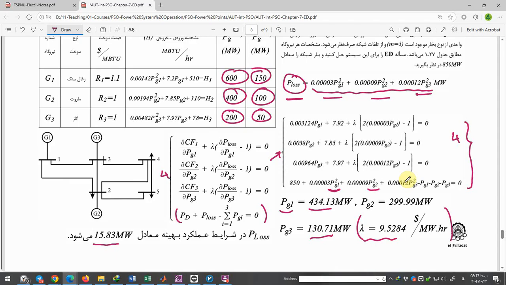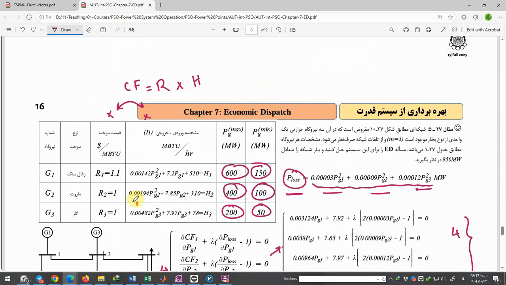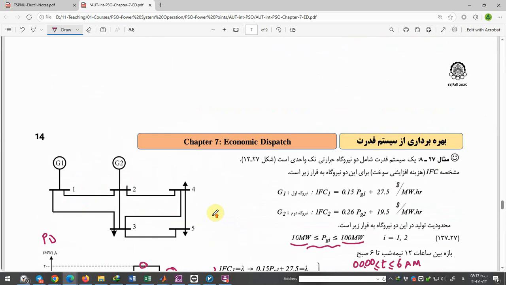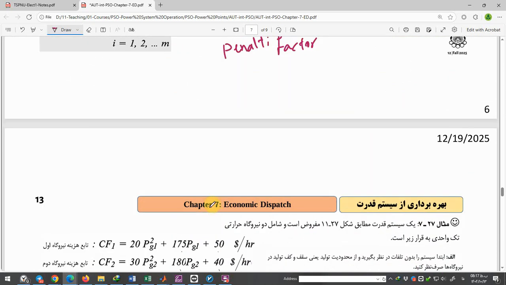Please pay attention. So after solving many problems about economic dispatch in this chapter 7, we finished this chapter, and thank you very much.